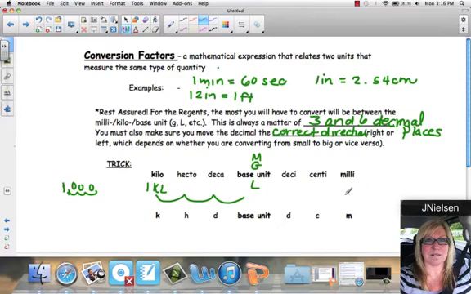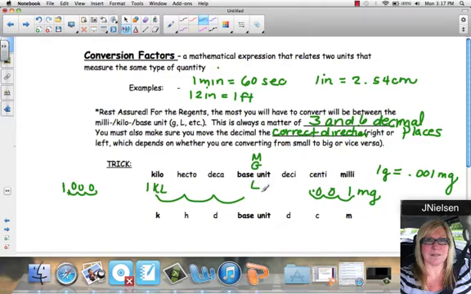Let's take milligrams, so I have 1 milligram, and I'm going to grams. So now I'm moving to the left 3 places. 1, 2, 3. So 1 milligram is equivalent to 0.001 grams because I moved 3 places to the left to go from milli to the base unit.